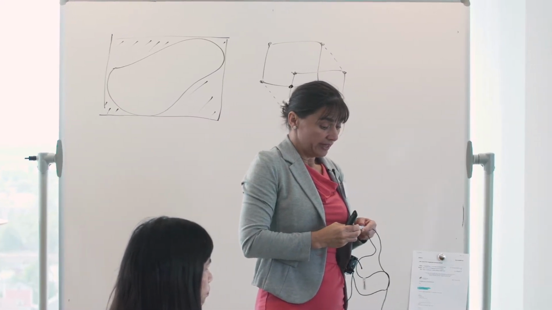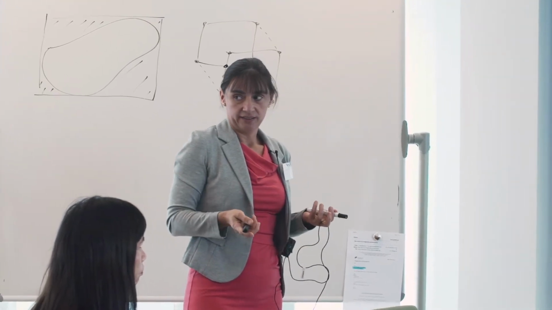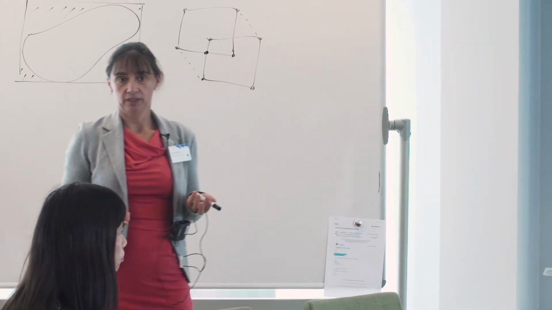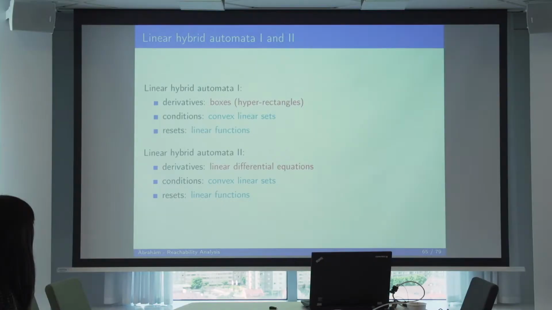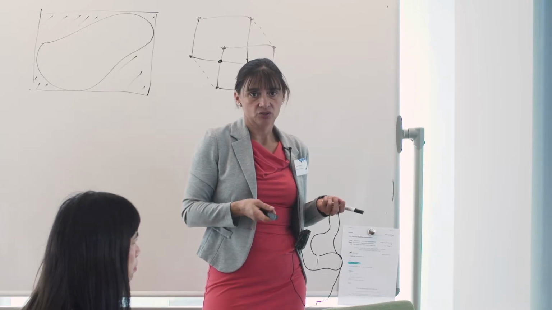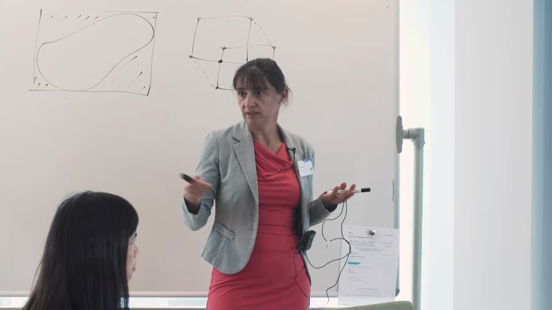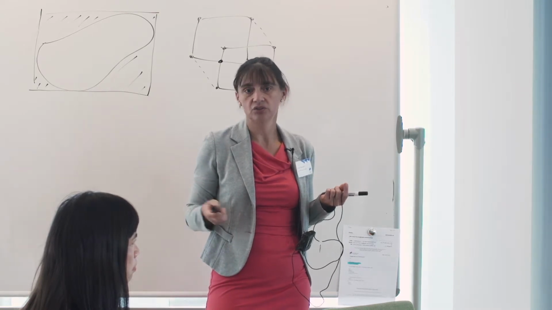Now I would like to show you, when I have these data types, how we can do reachability analysis with them. First I will show you an easier subclass, similar to rectangular automata, where the derivatives are boxes. They are constant or from a box as a set, so no differential equations yet.